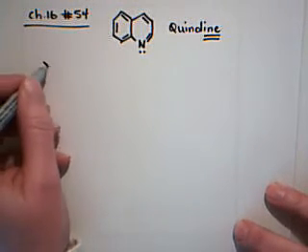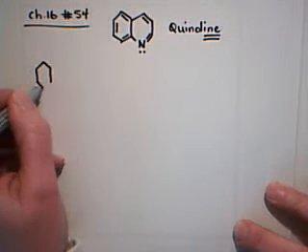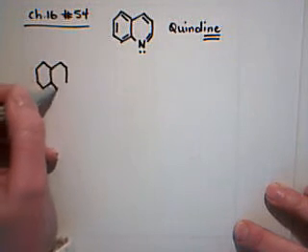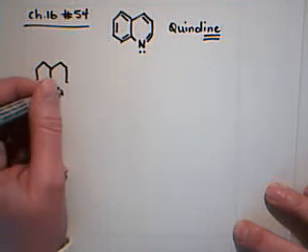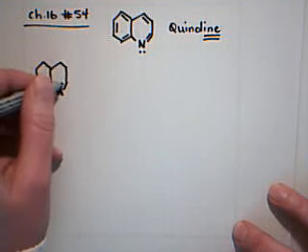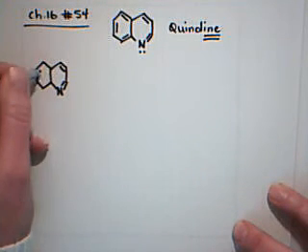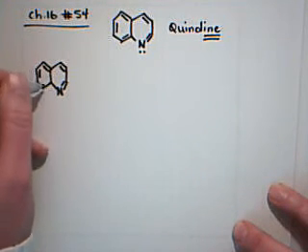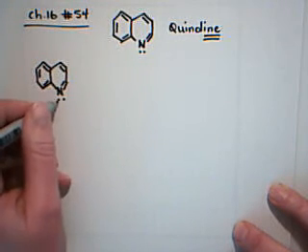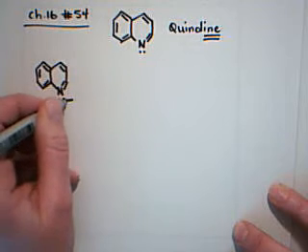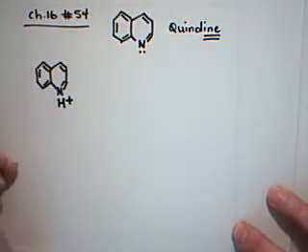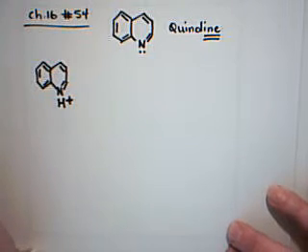This is sort of like those quickies that we did in class where we said, here's the base, write the conjugate acid. So that's the base form, then I'll turn that into an H+, and there's the protonated form. It's exactly the same molecule, you just draw it with an H+ on it.